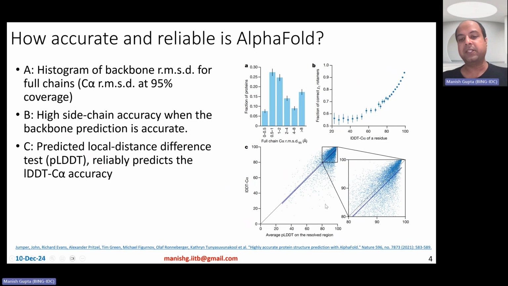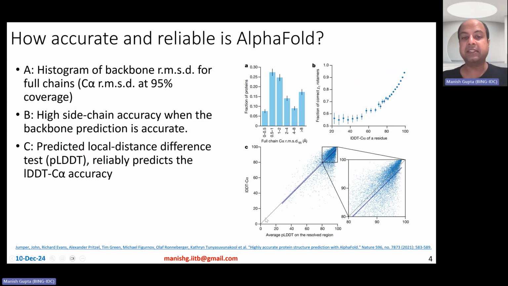The third graph here shows, on the x-axis, the predicted local distance difference test metric. On the y-axis, what you see is the actual metric. If you take the actual protein structure and compute the distances between the various C alpha atoms in the entire backbone of these structures, the y-axis is the metric on the original ground truth molecule, and the x-axis is on the predicted molecule, or the predicted distances.